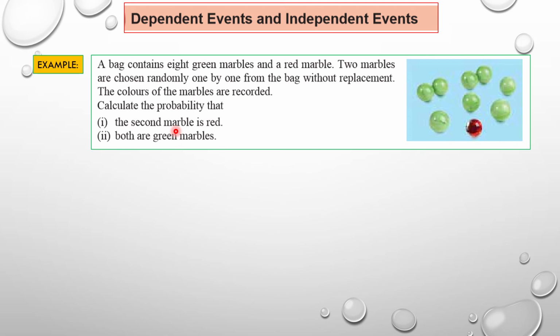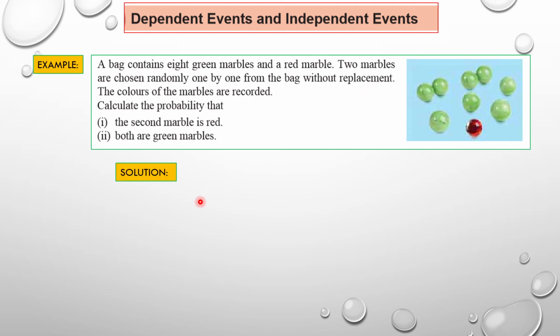So originally, for the first pick, the number of marbles will be 9 altogether. But for the second time, when we want to choose one more marble, the number of marbles left inside the bag is only 8, because without replacement. Okay, the first marble is not being replaced into the bag.